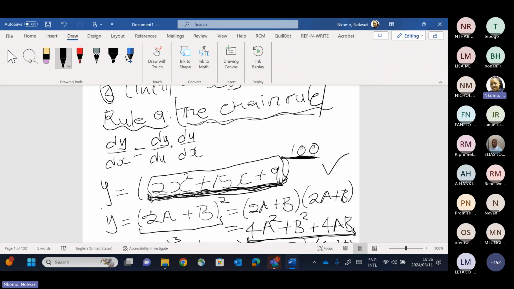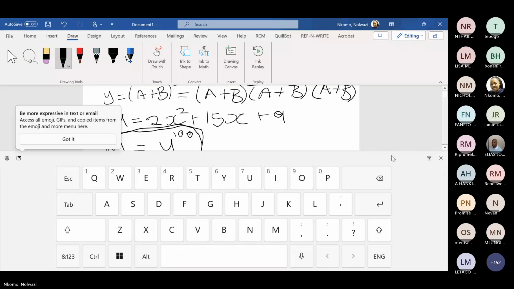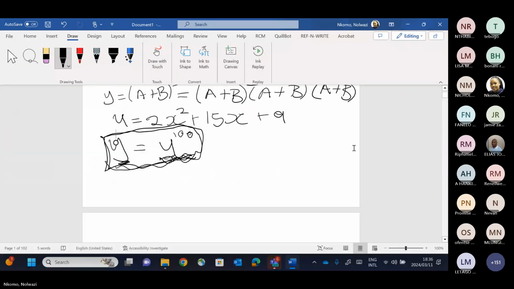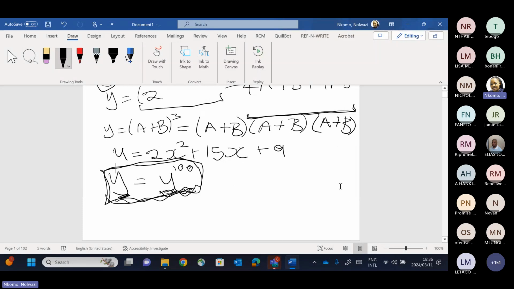So if they say find the derivative of this function, since it is in terms of x, they want dy over dx, meaning we are differentiating y with respect to x.